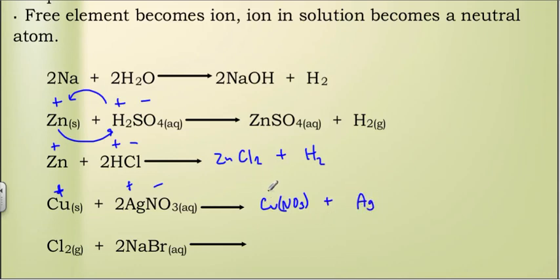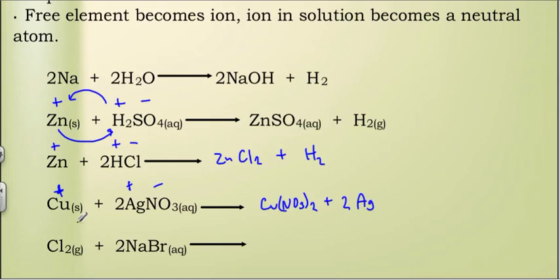Copper has a +2, nitrate is -1. We crisscross and drop. The 2 is going to go out here. I'm going to erase these numbers here. If I go back and balance it, I think I should be good, except I need to put a 2 there to balance it out. And then we're good. We predicted the products.